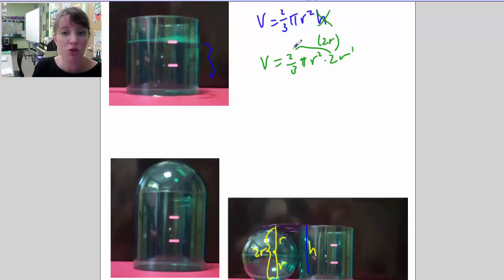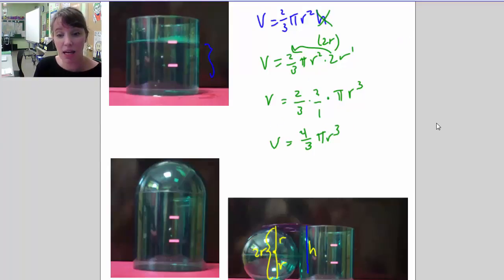And let's bring the 2 and multiply it by the 2/3. So we have v is equal to 2/3 times 2/1 times pi times r cubed. Well, this would be 4/3. So volume is equal to 4/3 pi r cubed, and that is the volume of a sphere.